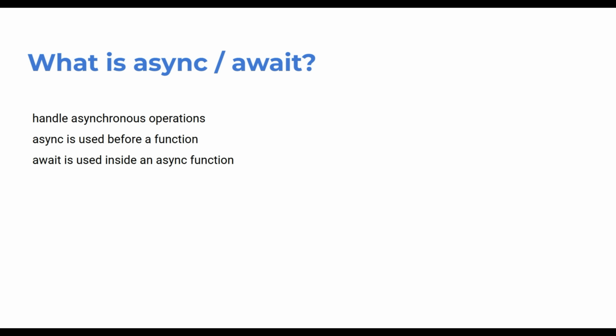Await is used inside an async function to pause the execution of that function until a promise is resolved, without blocking the main thread. This makes asynchronous code easier to read, write, and understand while keeping the application responsive.